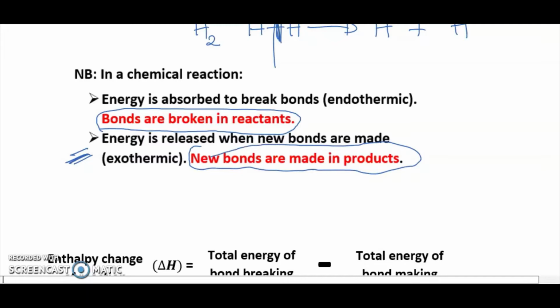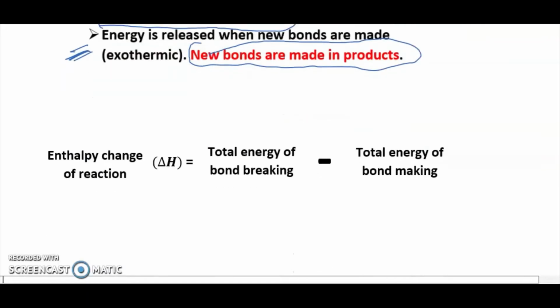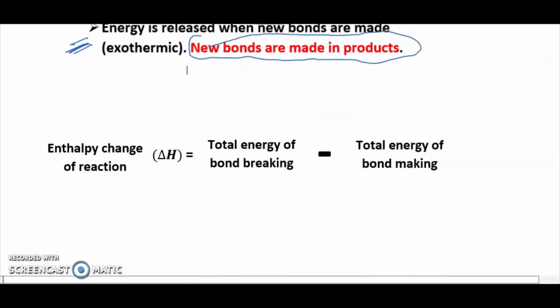Now that we have all this information, how can we calculate enthalpy change of a reaction? So, to calculate the enthalpy change of a reaction, we first of all have to calculate the total energy required to break bonds. Remember, bonds are broken in reactants, minus the total energy that is given off when bonds are made.